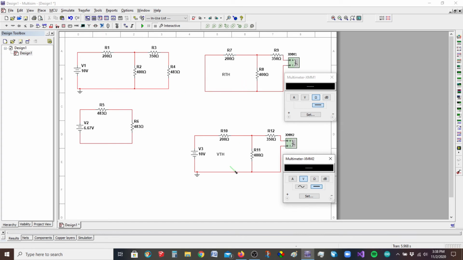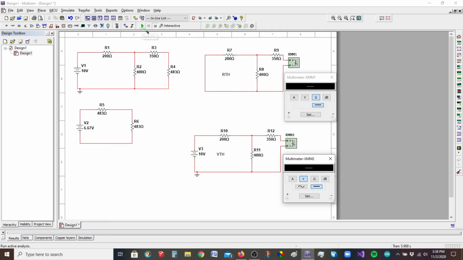And just over here to the side, I also have the VTH measurement, which you can also do. If you wanted to double check your VTH calculation, you can always just measure it on here. I've got that one set up, and then I've got the voltage source shorted, and this in ohmmeter mode, so it's going to measure RTH. So here's my RTH and my VTH measurements, just like we would analyze these circuits on paper.